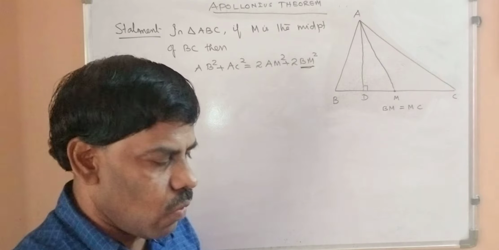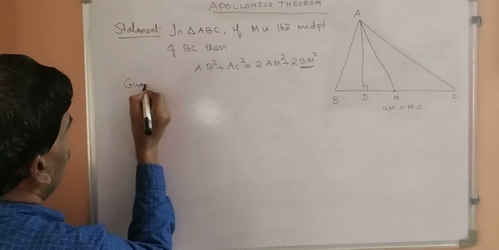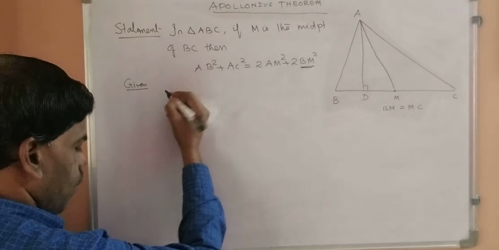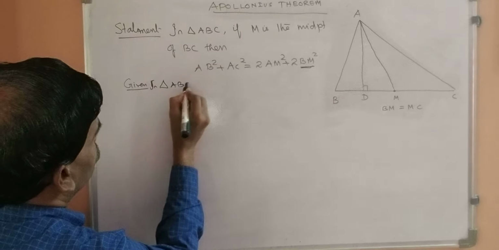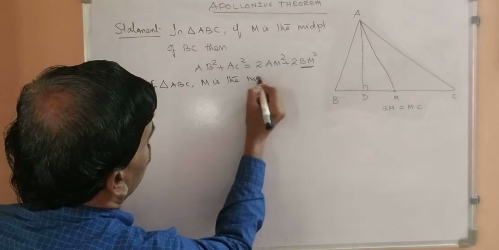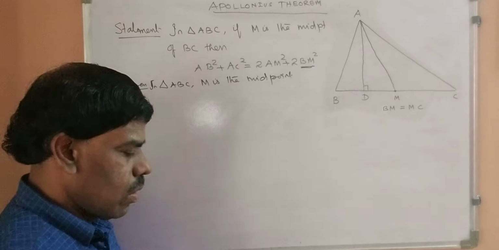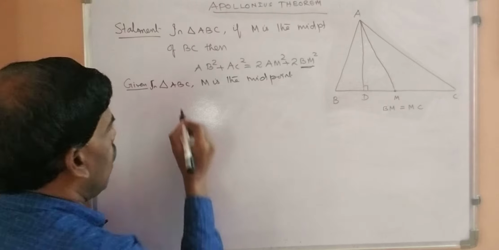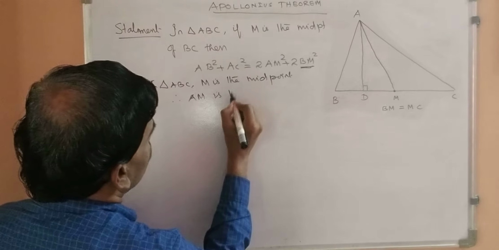Okay, now how to prove, I will tell you. What is given to you? In triangle ABC, M is the midpoint, right? Therefore, AM is the median.